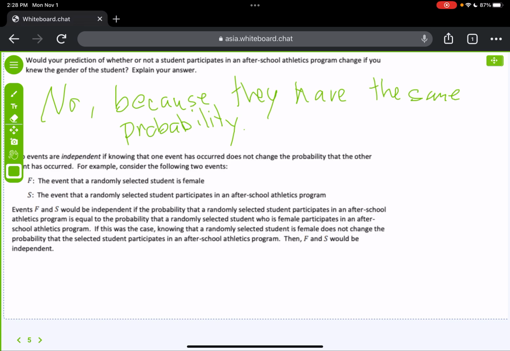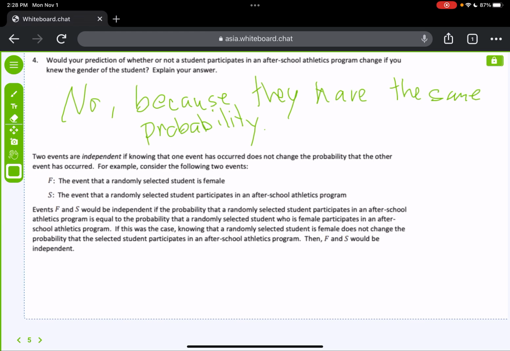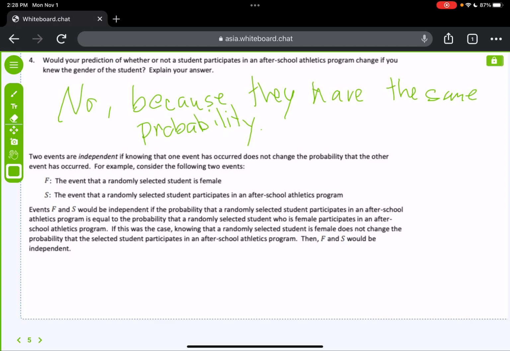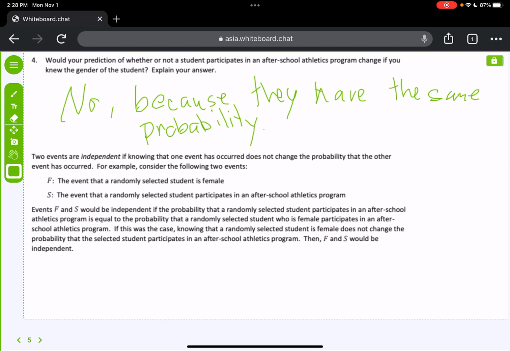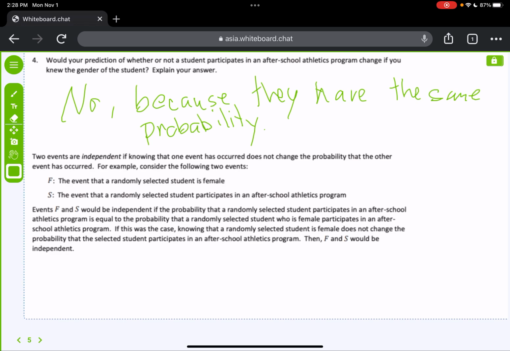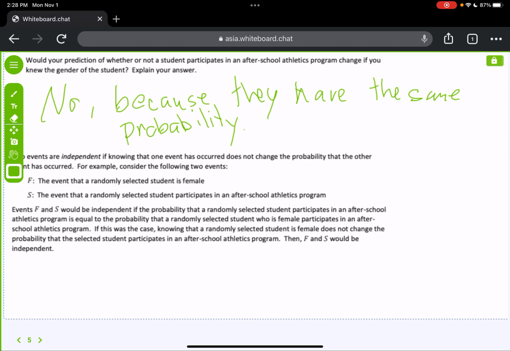All right. Now, let's look at this. It says two events are independent if knowing that one event has occurred does not change the probability that the other event has occurred. For example, consider the following two events. The event that a randomly selected student is female. Okay, that's one event. The other event is the event that a randomly selected student participates in an after-school athletic program.